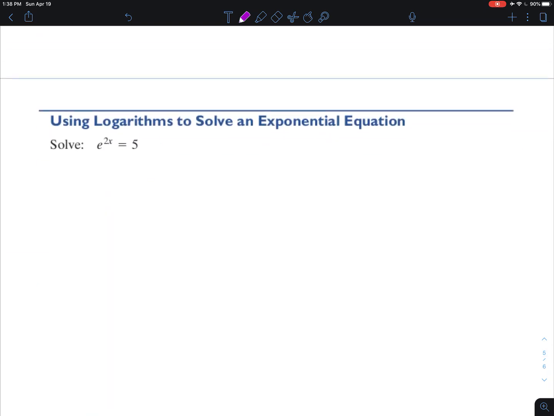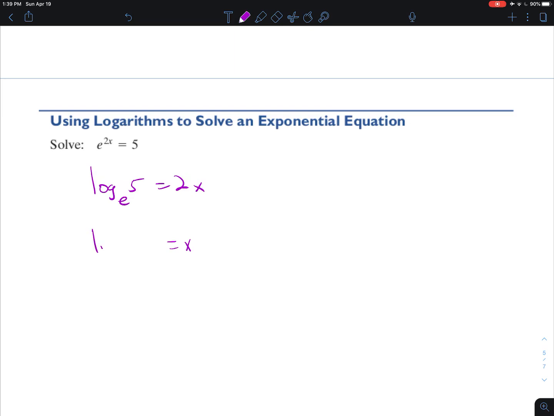And then this is where we're going to run into problems, and we'll just leave it in logarithmic form because we have an exponential here that we need to solve. So if I want to get rid of this e here, I'm going to write the word log out in front. e to the 5 equals 2x.